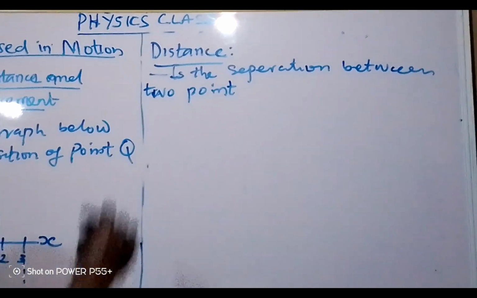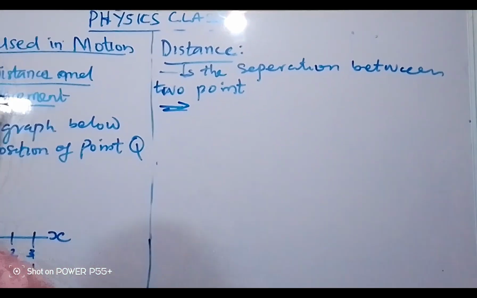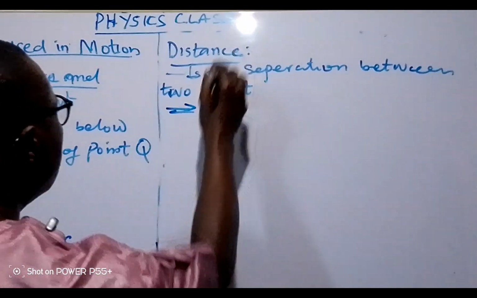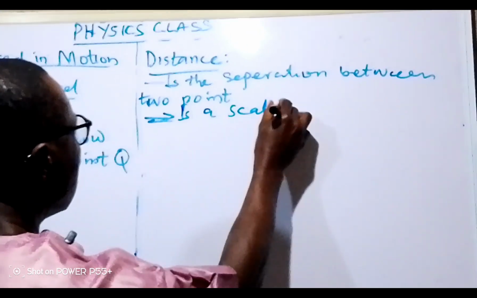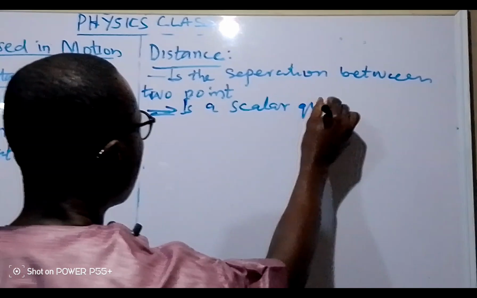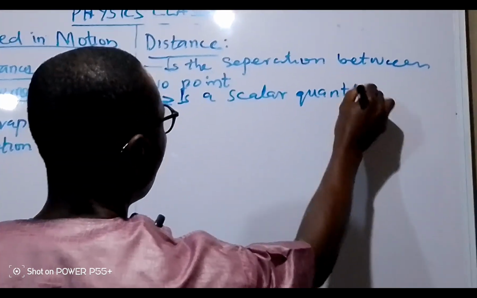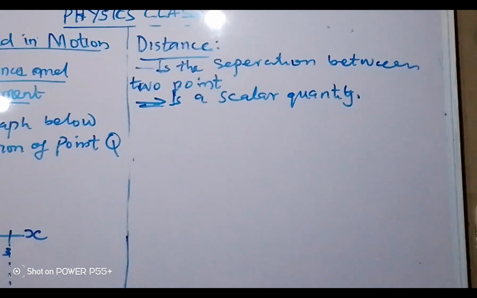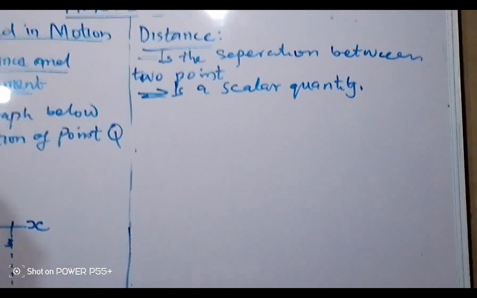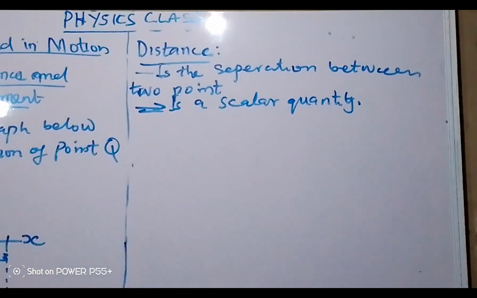Other facts about distance. Distance is a scalar quantity. What I mean by that is that it has only magnitude without a specified direction. So distance is a scalar quantity.